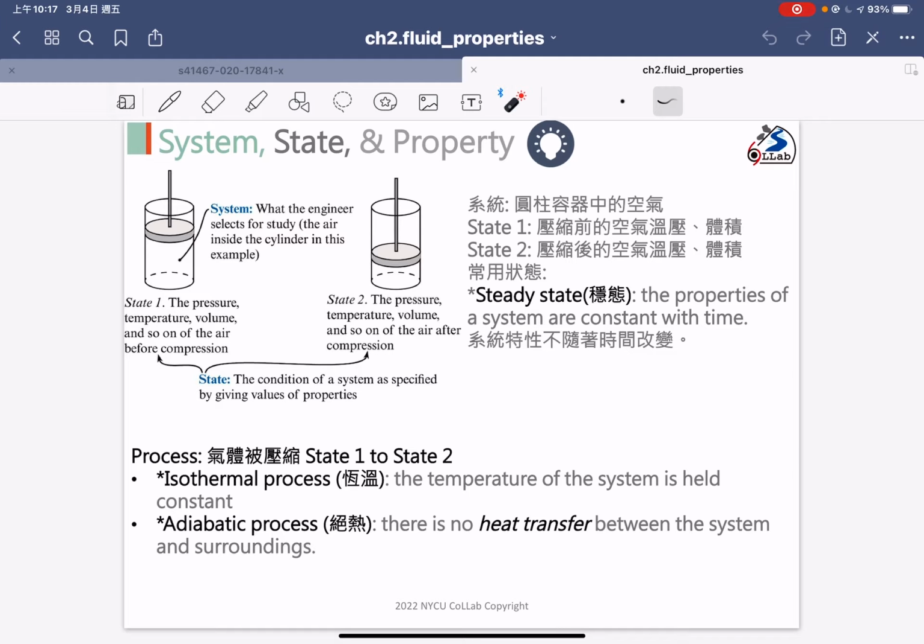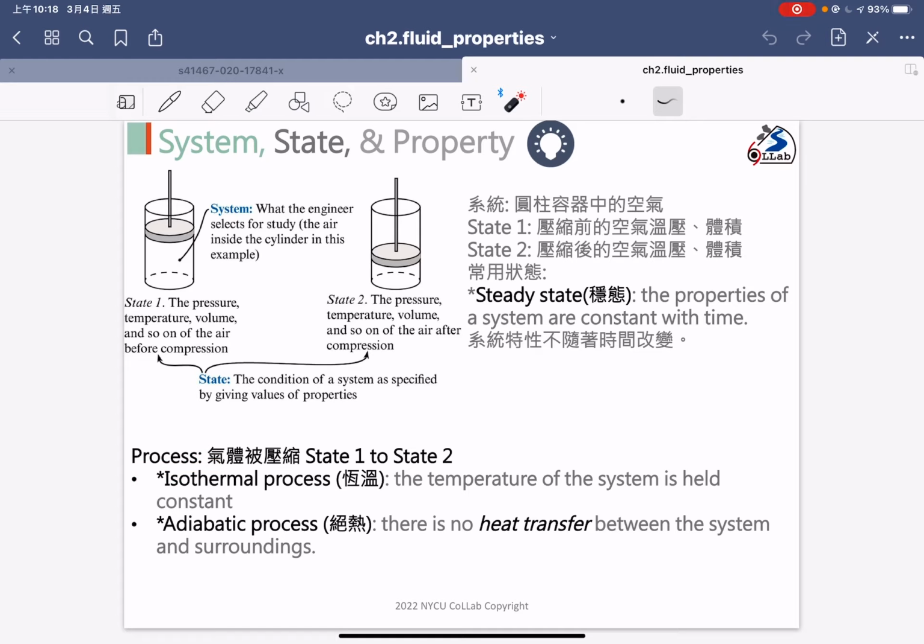And then you can have some recorder to measure the pressure, temperature, and the volume change while you conduct these experiments from state 1 to state 2. Okay, and you can see what the temperature changes are, what the pressure changes are, and what the volume of the gas changes are. So usually from state 1 to state 2, we call that the process.